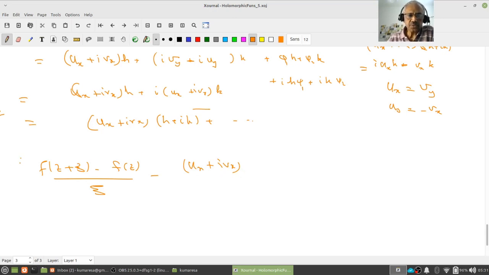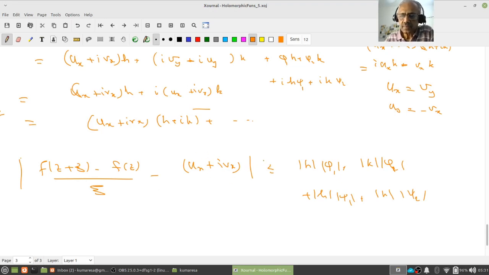This modulus is less than or equal to mod h into mod phi 1 plus mod k into mod phi 2 plus mod h into mod xi 1 plus mod k into mod xi 2, that whole thing divided by mod xi.